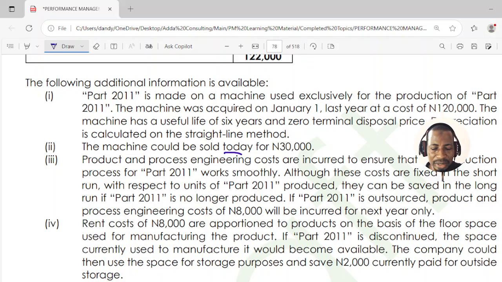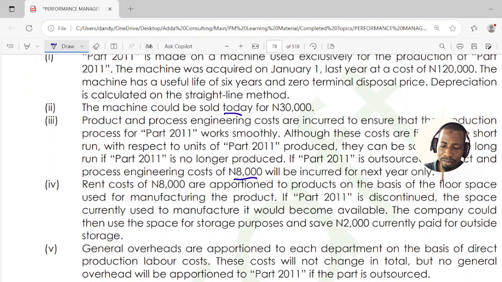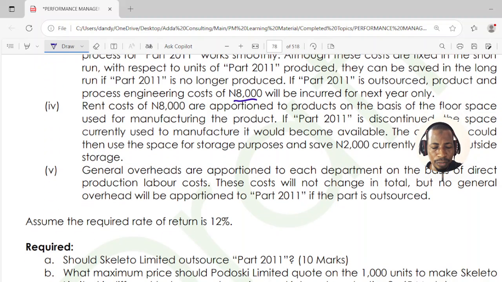3. Product and process engineering costs are incurred to ensure that the production process for Part 2011 works smoothly, although these costs are fixed in the short run with respect to units of Part 2011 produced. They can be saved in the long run if Part 2011 is no longer produced. If Part 2011 is outsourced, product and process engineering cost of 8,000 naira will be incurred for the next year only. 4.